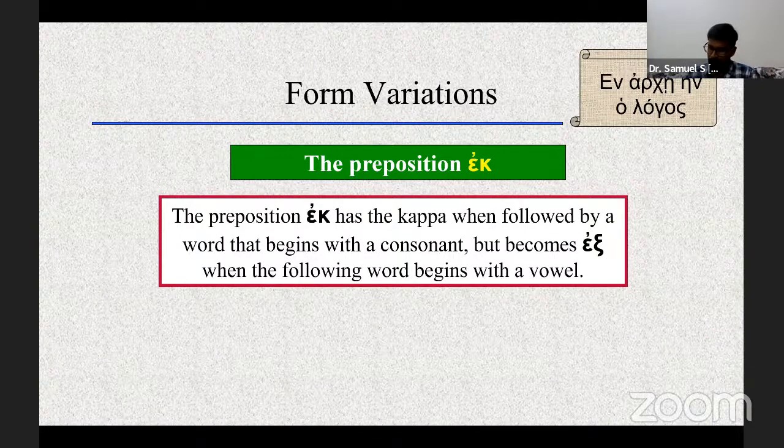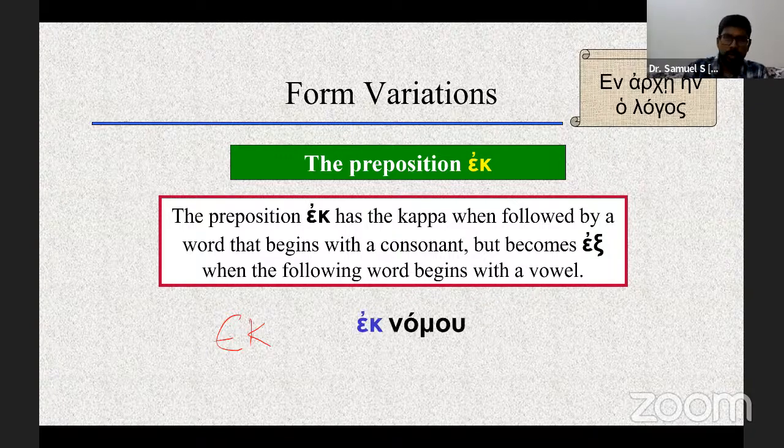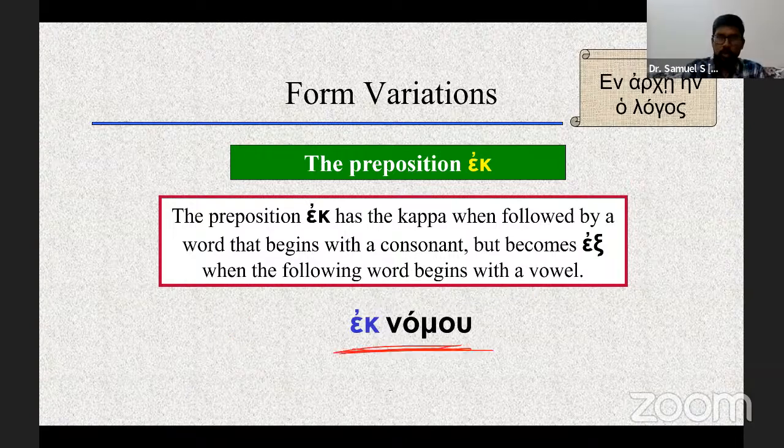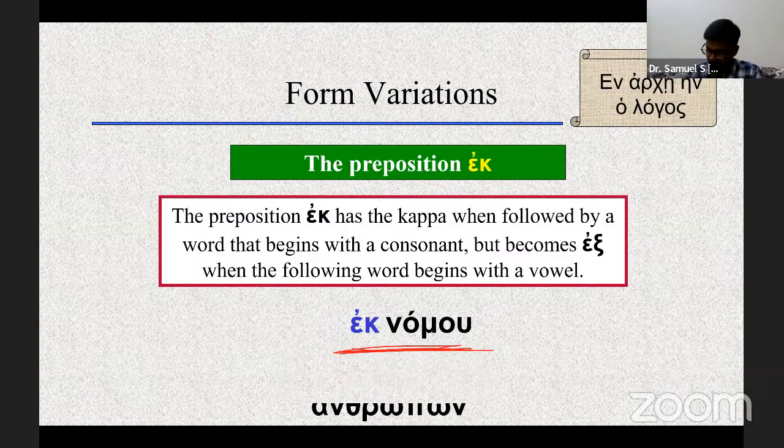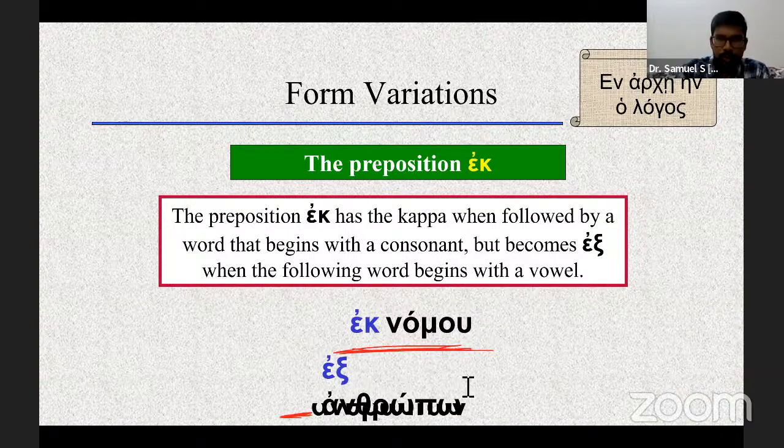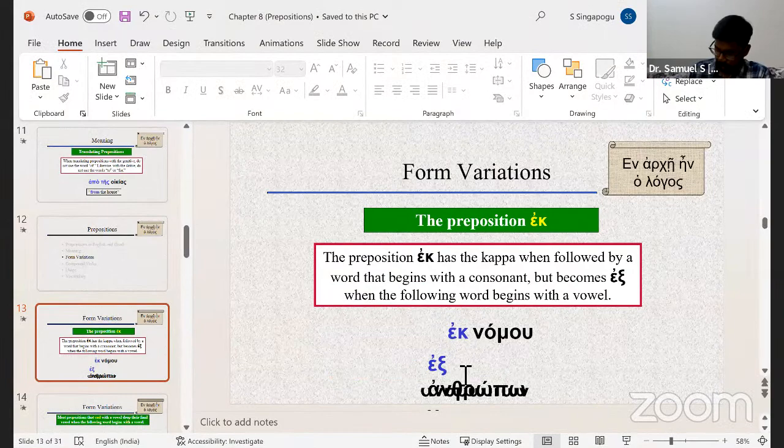Now, for example, let's say ek... I just now thought of a word. Let's see if they have one. Yeah, this is good. Ek nomou. Ek nomou. Ek anthropon. It doesn't work, right? Because the next word is a vowel, it becomes ex anthropon. Just a second.